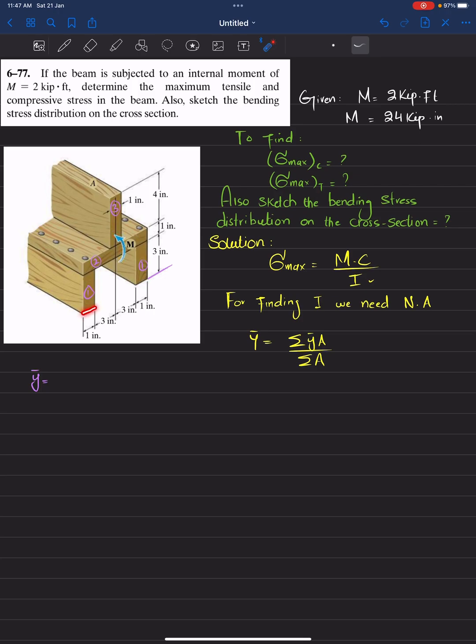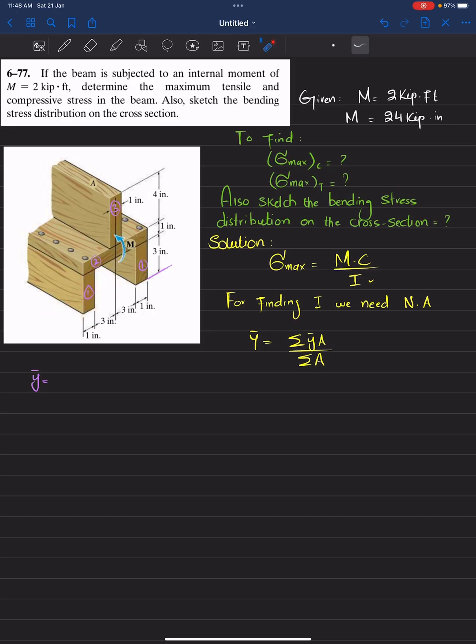This is 1 inch and this height is 3 inch. This is the area, and y dash is the distance from the base to the centroid of this, which is 1.5.